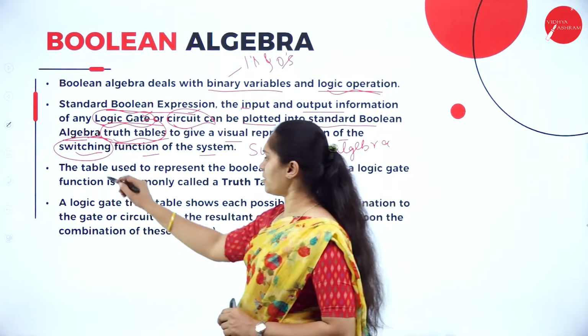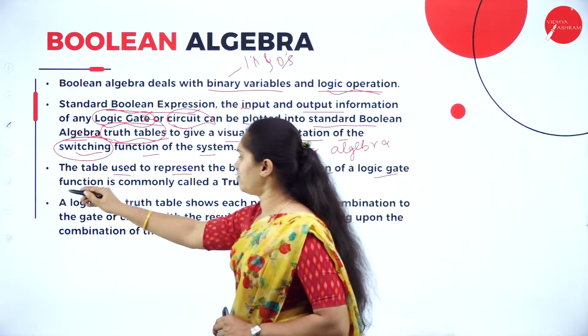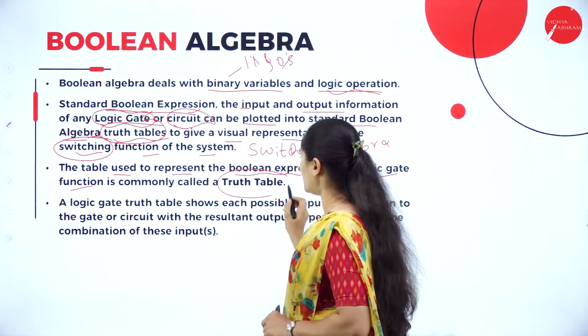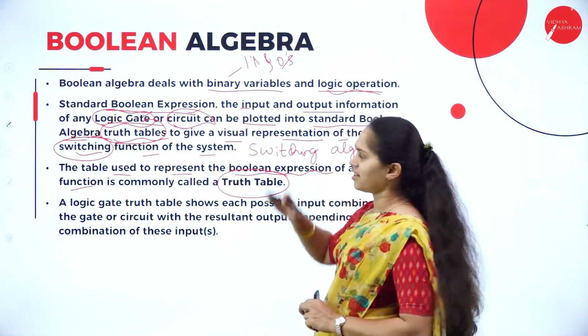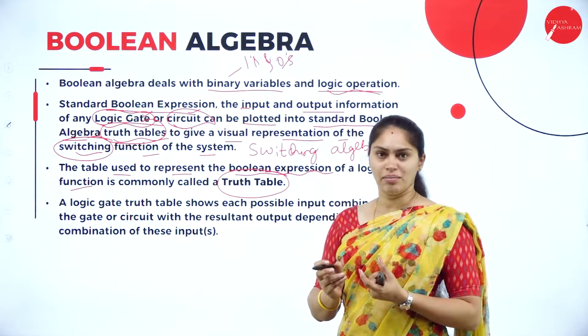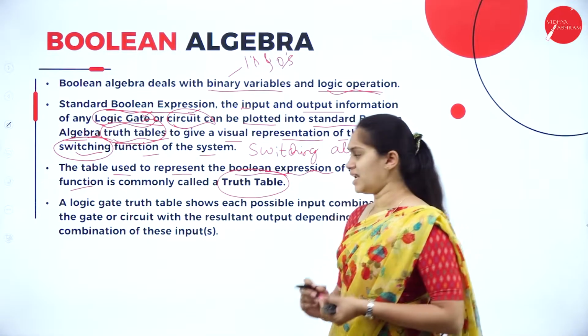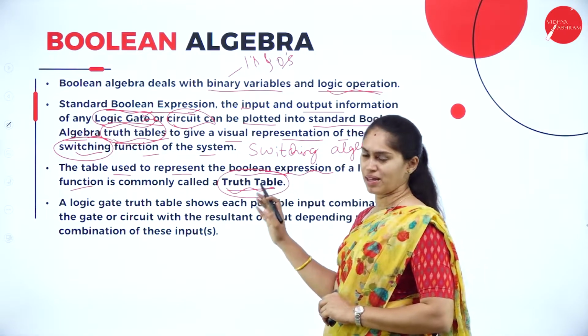Fine. The table used to represent the Boolean expression of a logic gate function is considered a truth table. So what do we mean by truth table here? We are learning Boolean algebra and Boolean operators with the truth table as you have in your syllabus, so it is necessary to understand what a truth table is.